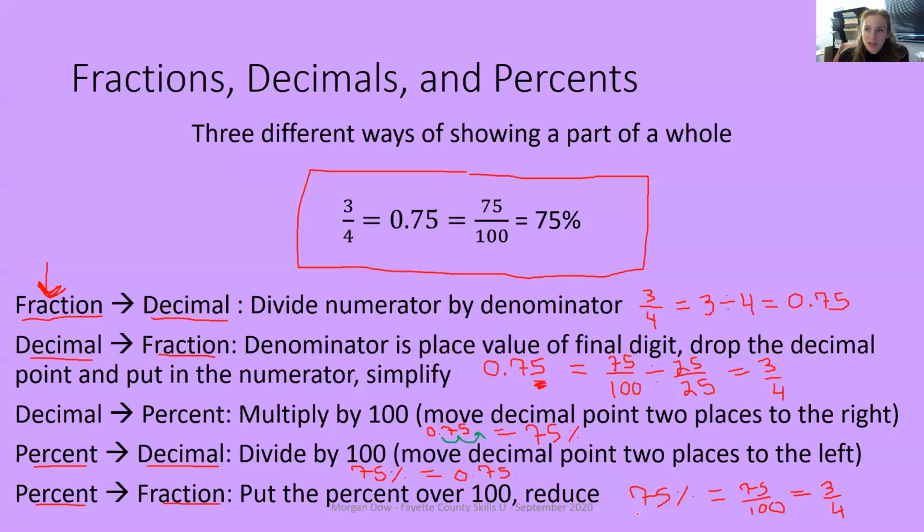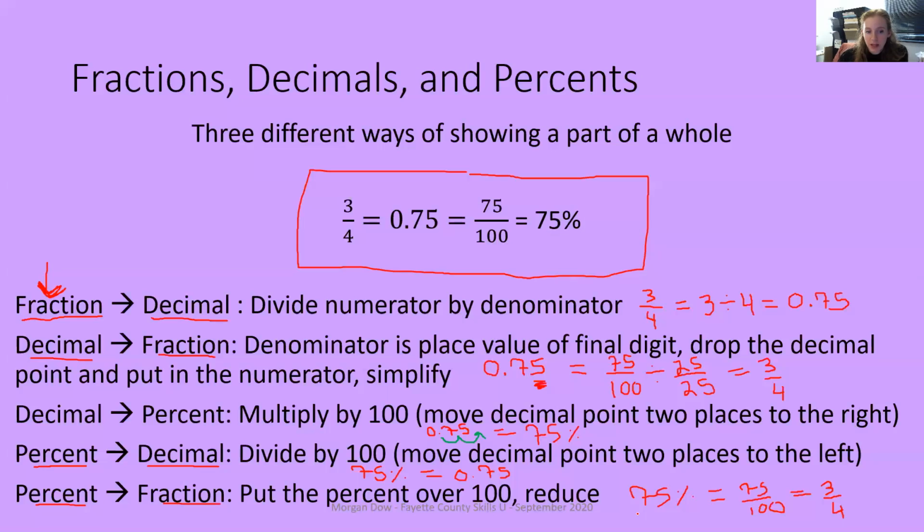So if your percent includes a decimal point, you would probably want to change it first into a decimal and then change that decimal into a fraction. That will avoid ending up with any decimal points inside of your fraction. Now, if you don't mind that and you feel confident that you can deal with it, no problem. But I would avoid it. And if you want a little more help with that, just let me know.